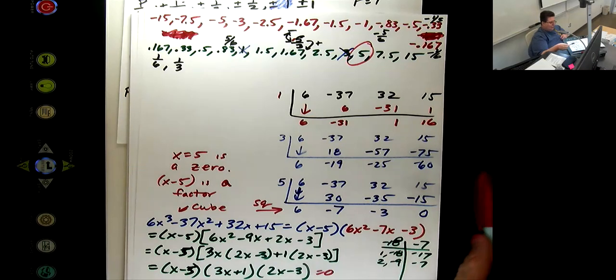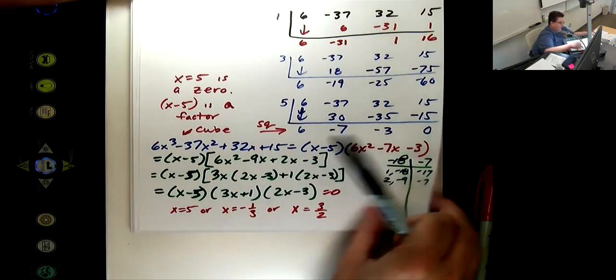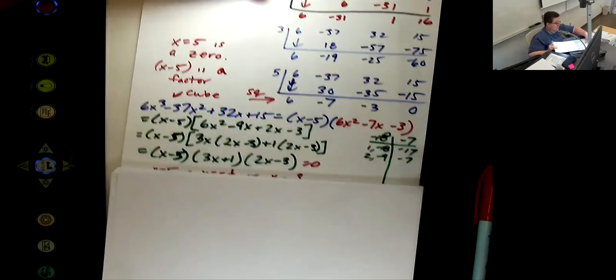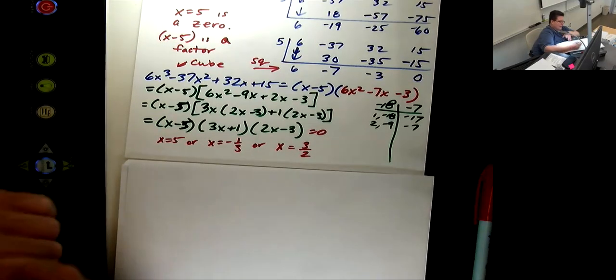It looks like negative 1/3 was the lowest. Let me see if I can find an example where none of these numbers worked after it. So let me try negative 1 in the original. Let's see what negative 1 would have done.